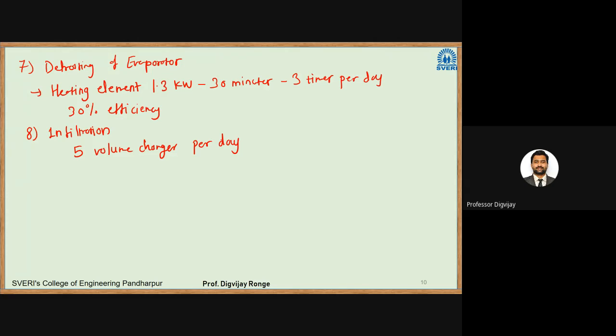First, we'll solve this problem by manual calculations, then we'll use the software. This Danfoss company provides software for the calculation of heat load. That also we'll see in the end. But before that, we'll calculate manually what cooling loads are acting on this cold room. So we'll start with the first, transmission load.